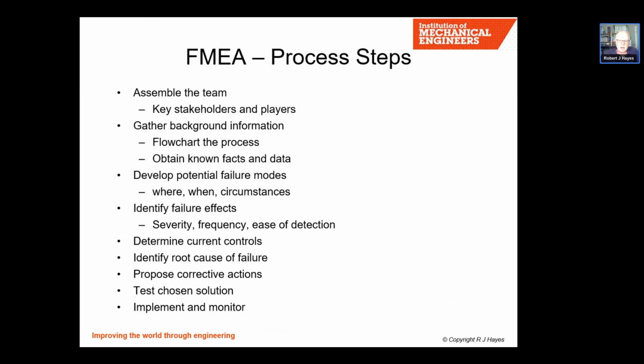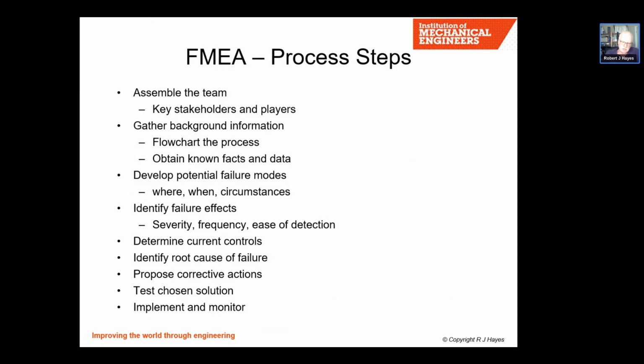You then populate that with any known facts and data, and hopefully you've got a lot of known facts and data about any process you're operating. And then start to think about the potential failure modes. Where, when, the circumstances, what can go wrong. And within those, what's the severity, the frequency, and ease of detection, should that failure occur. We look at our current controls. We think about the root cause of the failure, because the failure we see might not be initiated at that point in the process.